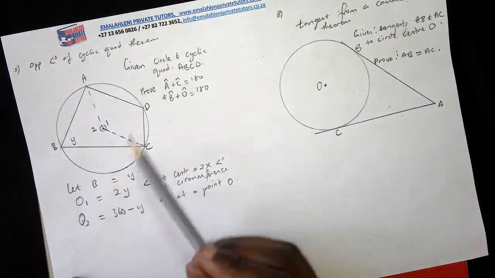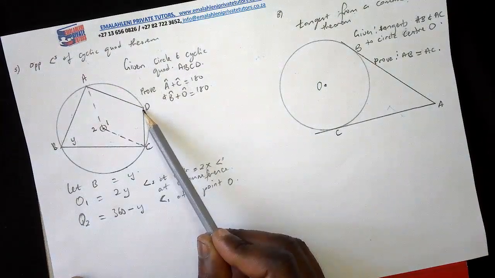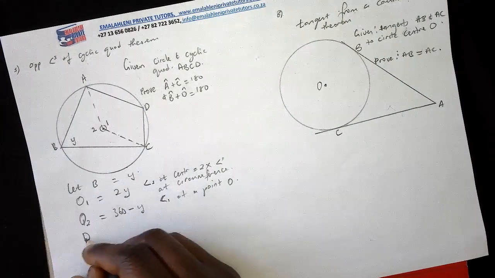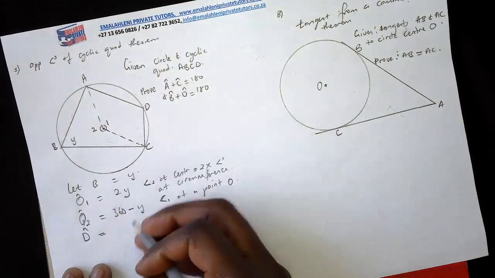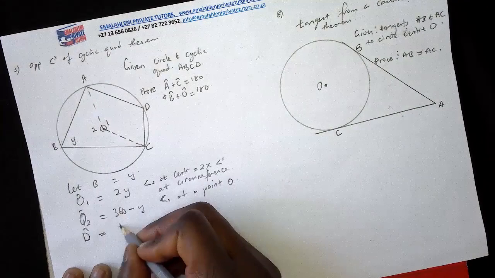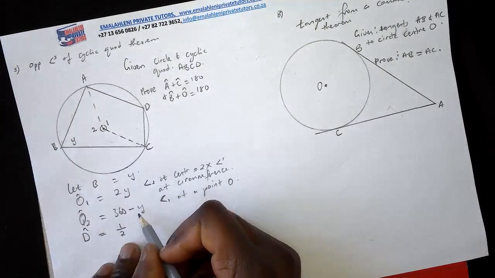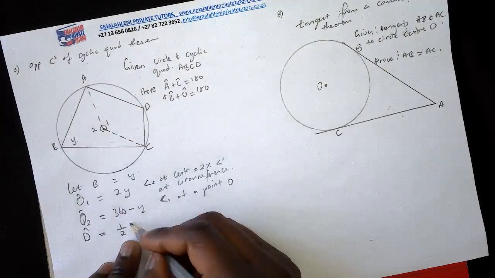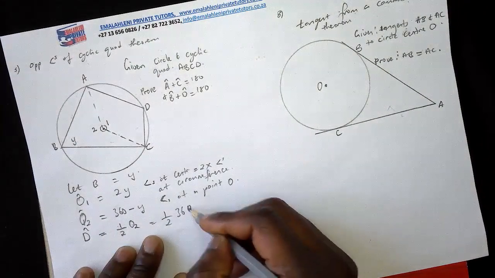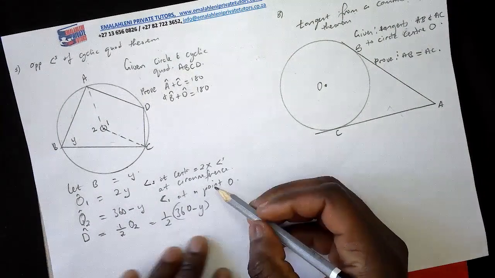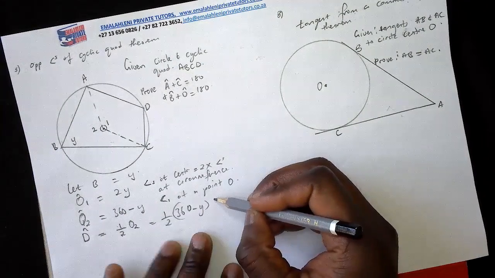Okay, now how are we going to do this one here? We want to find D. What is D now? How do we get D? To find angle D, D is going to be equal to half of this angle, half of O2, which is half of 360 minus 2Y.